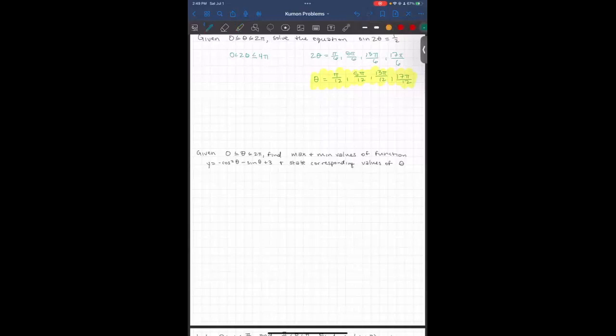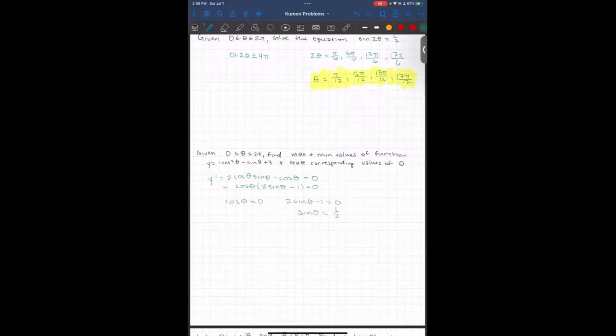The first derivative of our given equation is 2 cosine theta sine theta minus cosine theta equals 0. Factor out the cosine theta, and we have cosine theta times 2 sine theta minus 1 equals 0. So set both of these equal to 0. We have cosine theta equal to 0, and 2 sine theta minus 1 equal to 0, so sine theta is equal to 1/2.